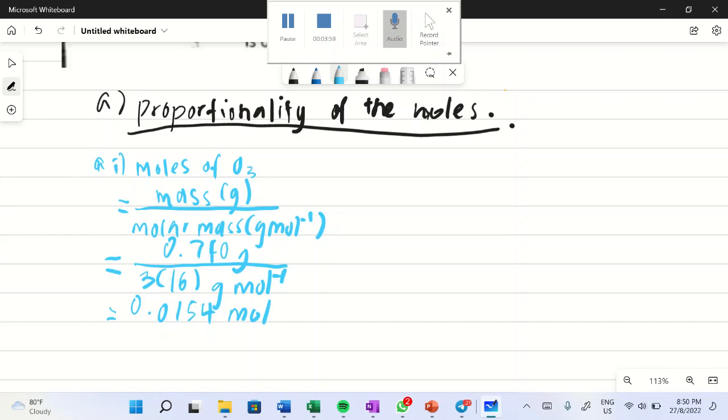We have to take at least 4 decimal places to ensure that the answer is exactly the same as the answer given.